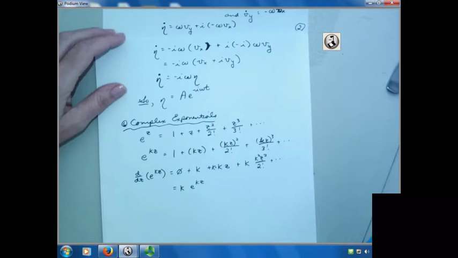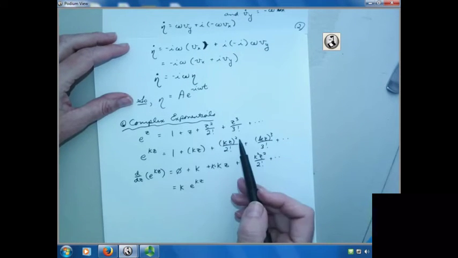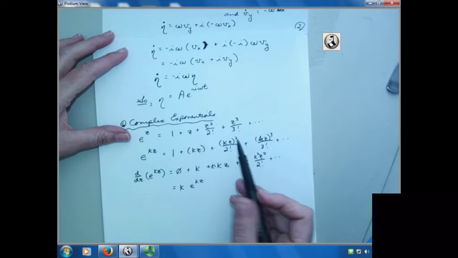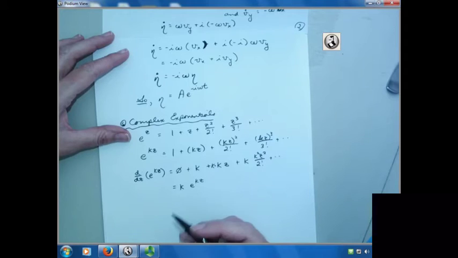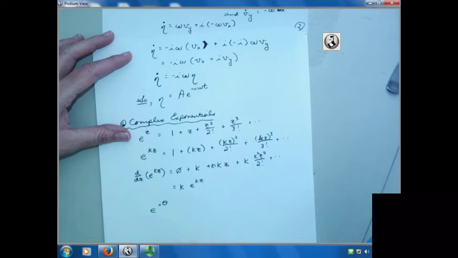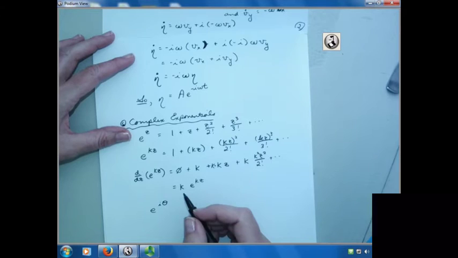Now, the nice thing also about expressing this as a series expansion is that I can think about the case where z is a purely imaginary number, in which case we would write that as e to the i theta. Without loss of generality, that is fine.